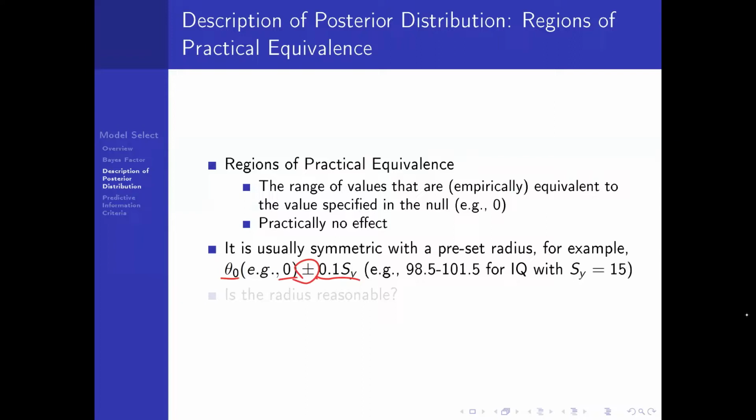For example, let's say for the distribution of IQ with a standard deviation equal to 15, for an IQ value that is not different from the mean, which is 100, then we need to have a region of practical equivalence set to 98.5 to 101.5.